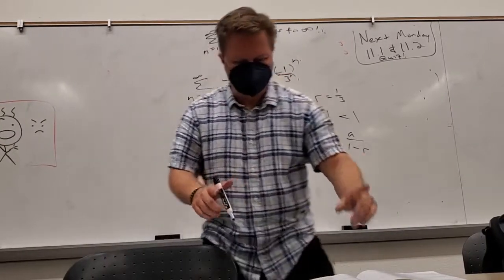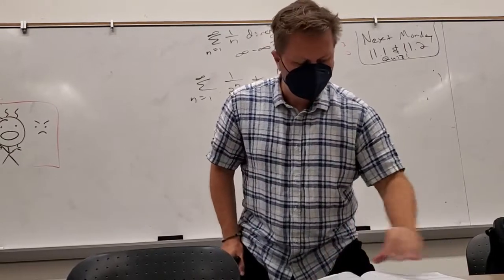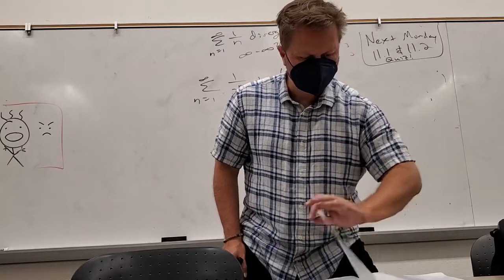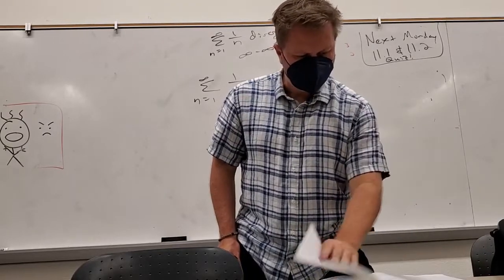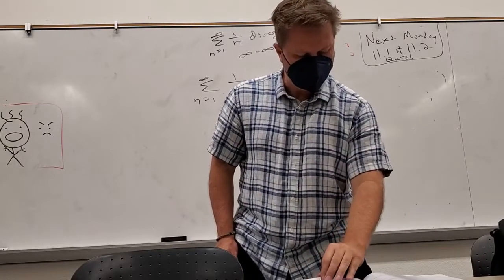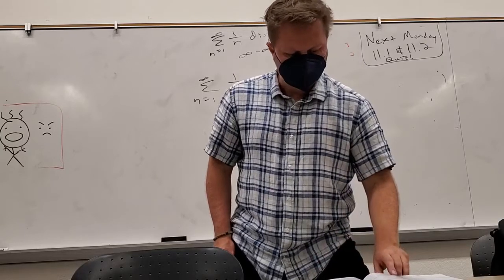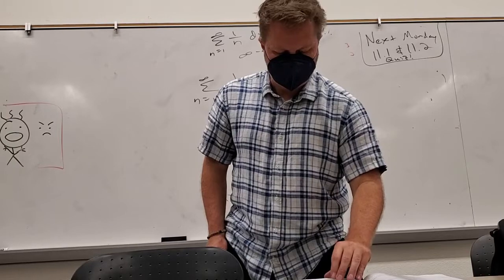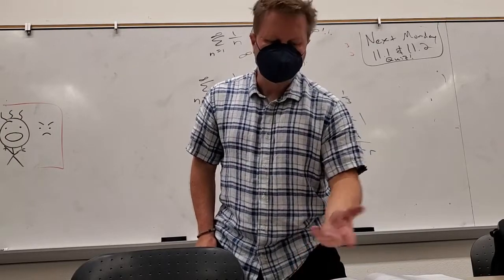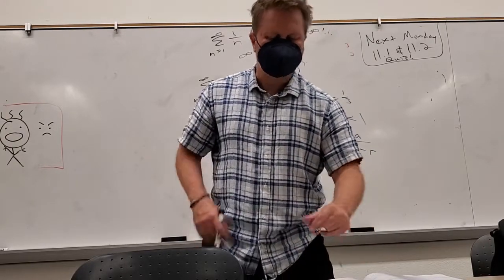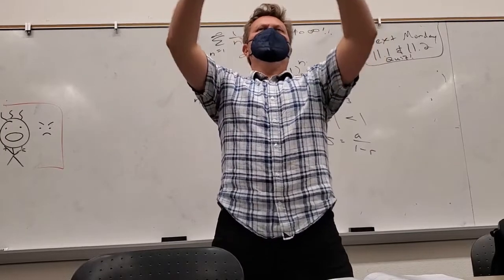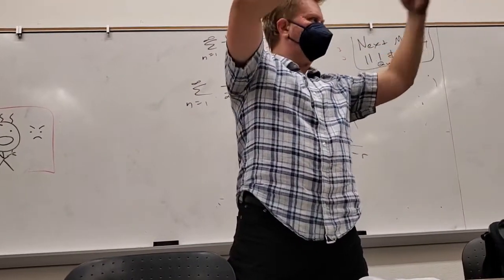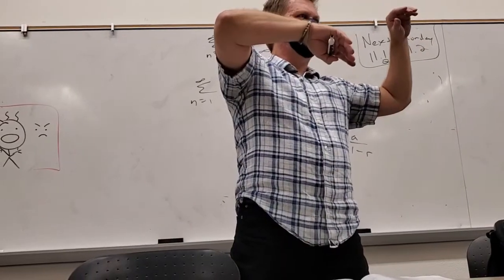But let me point out to you, where is it? Here it is. So at the bottom, page 709, they kind of do it. Remember when we did A plus AR plus AR squared plus AR cubed, and then I multiplied by R?